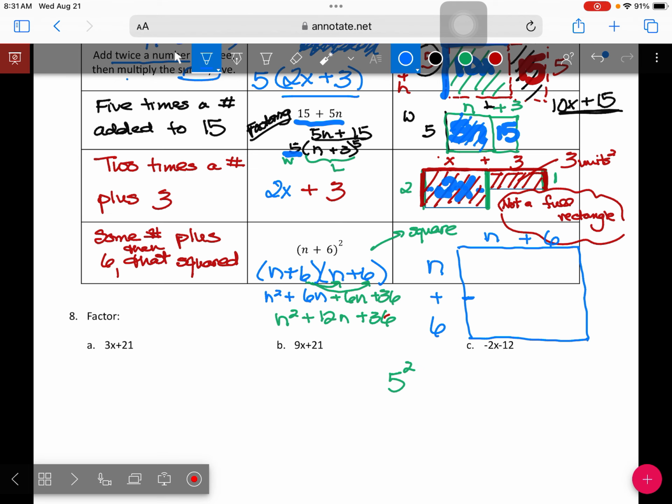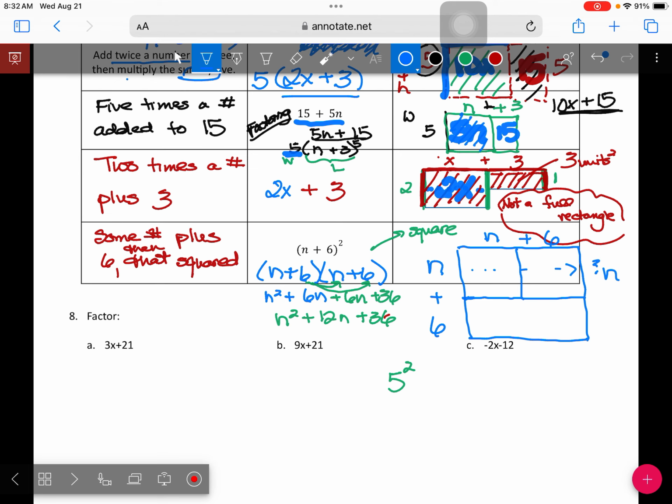So let's say here I need n squared. Okay, this is an n. This is my 6 over here. What is this length right here? Or width? Yeah, that is n. If this is n, it's going to go over here. This is n also.